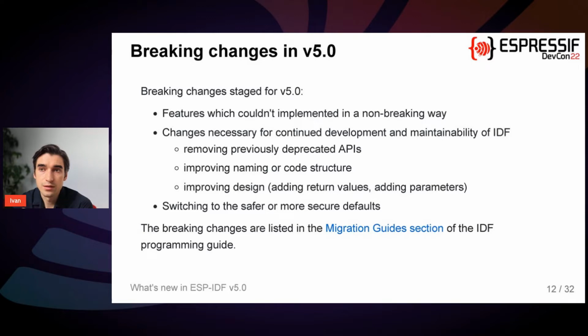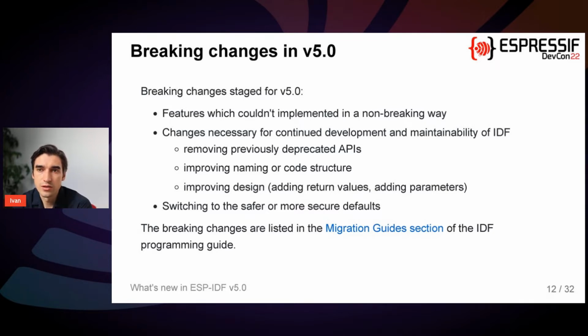For instance, this is the change of the time_t type from 32-bit to 64-bit, which we did in 5.0, and I'm going to tell about this later. So in this case, essentially the feature or the change itself requires a breaking change, and therefore it has to happen in a major release.